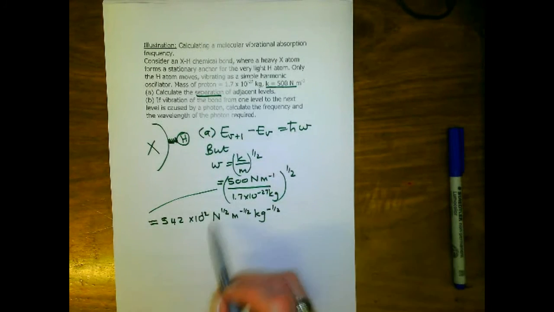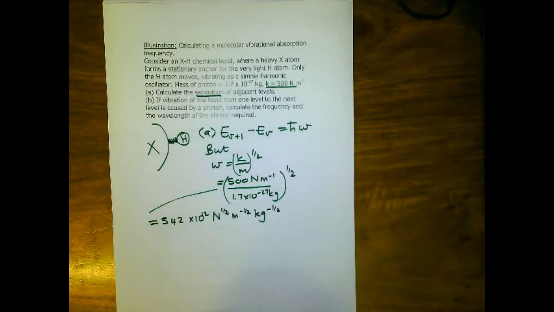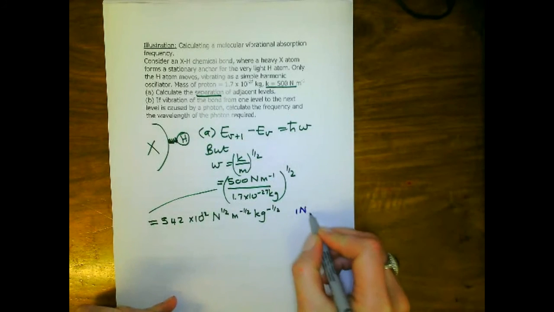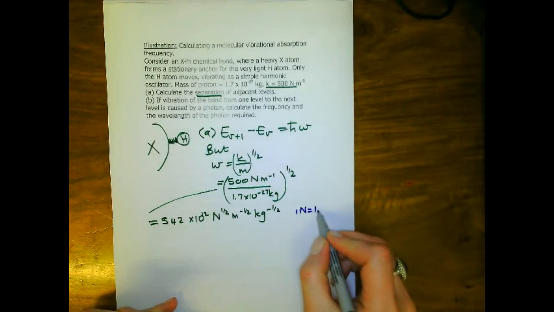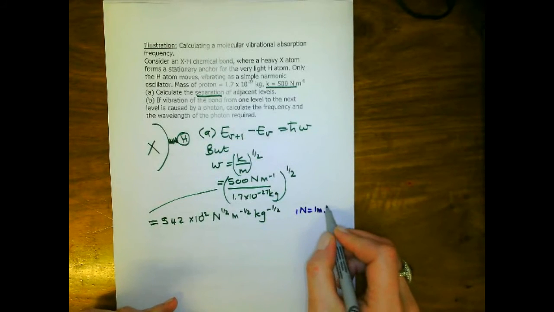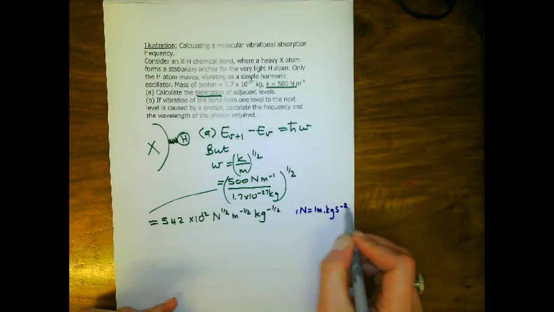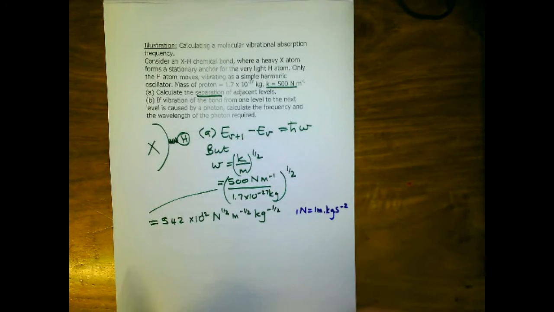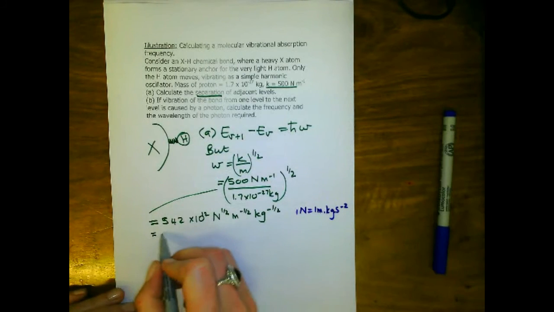Okay, but obviously these units need some work, and what we know is that 1 Newton is equal to 1 meter kilograms second to the minus 2. This you'll find in your data sheet. So let's do that substitution.